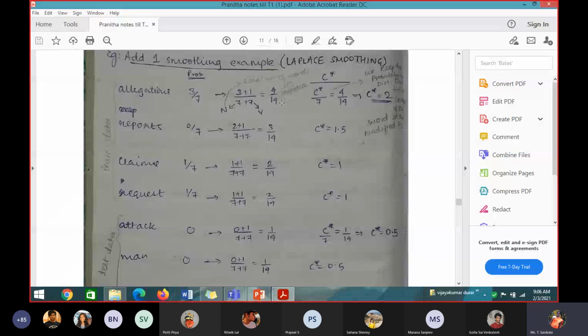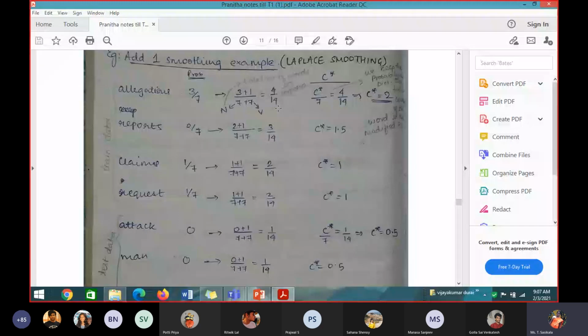This n is the total number of words in the corpus. So what value are you getting? 3 plus 1 divided by 7 plus 7, that is 4 by 14, or 2 by 7. You can take either.